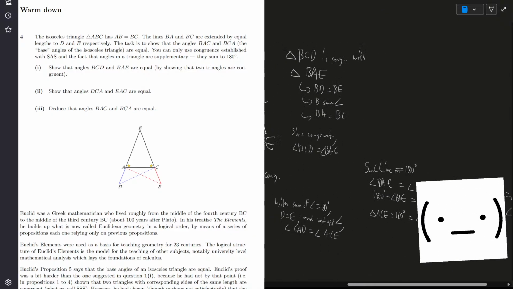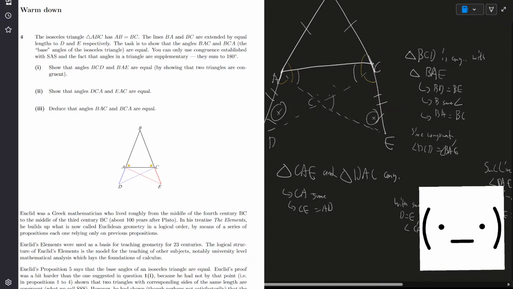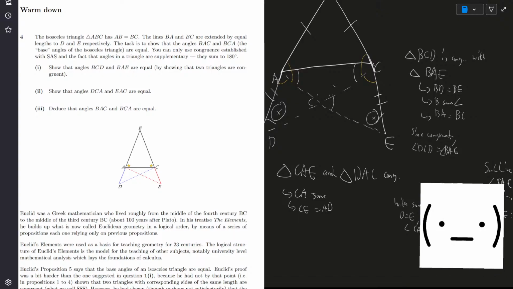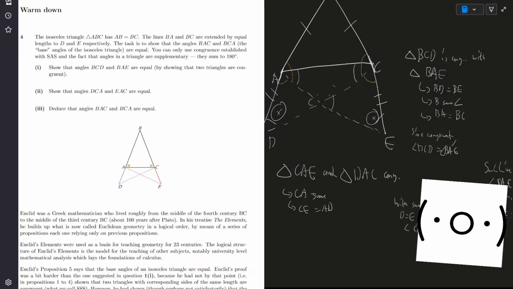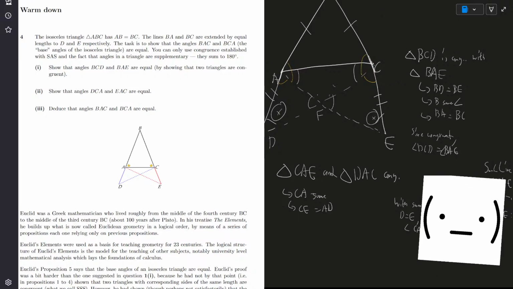So we've proved that. No, wait, no, that's not C. It's an angle. That's F. We're labeling this F.